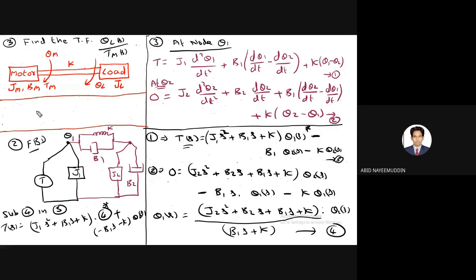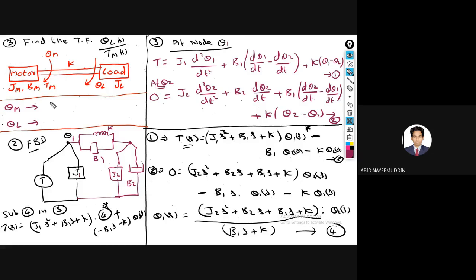What are the variables connected here? How many displacements has he given? Two displacements, angular displacements: one is theta m and another one is theta L. Only the denotations have changed, nothing more than that.